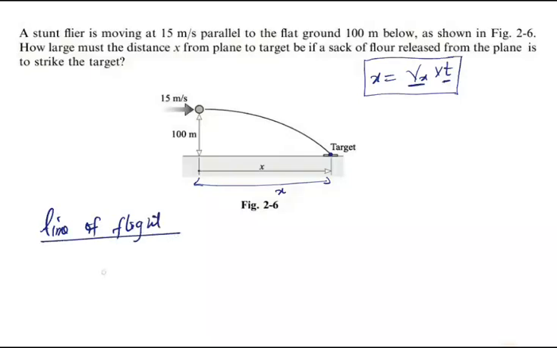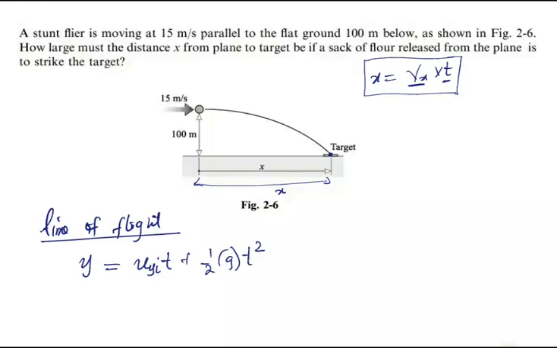So to do this, we know that we are going to take the vector component, of course, of distance. So we are going to say y is equal to initial velocity in the y multiplied by time plus half acceleration due to gravity multiplied by t squared. Now, if we take this as an upward motion, it doesn't matter. You can also take it as a downward motion, which is no problem.